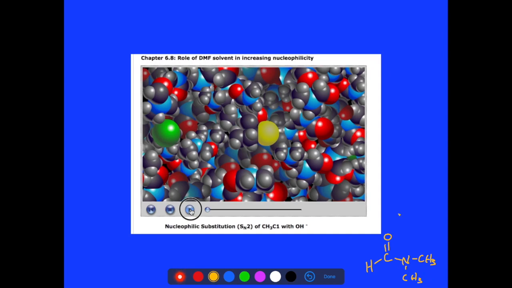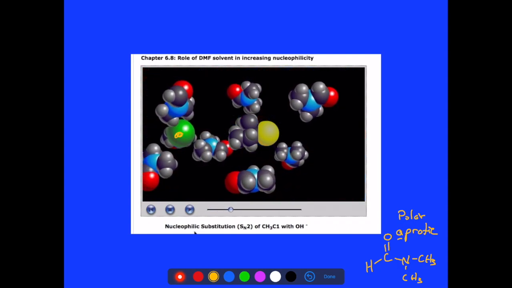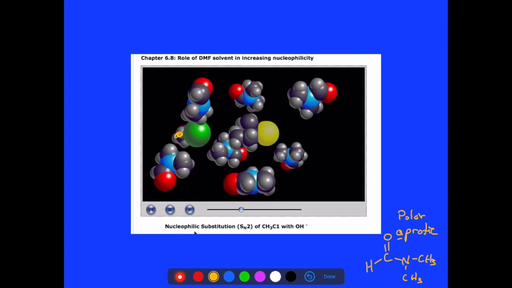It's polarized because of that carbon double bonded to oxygen and the nitrogen, but it is aprotic, not protic. As a result, this one cannot form hydrogen bonds, but it's still a good solvent for SN2 reactions. Let's take a look at this animation to help us illustrate why. Again, we have these dimethylformamides around the OH minus. They're not holding onto it nearly as strongly.